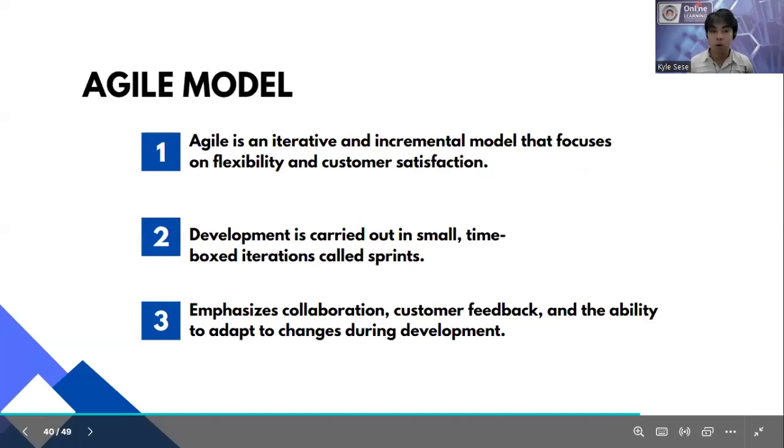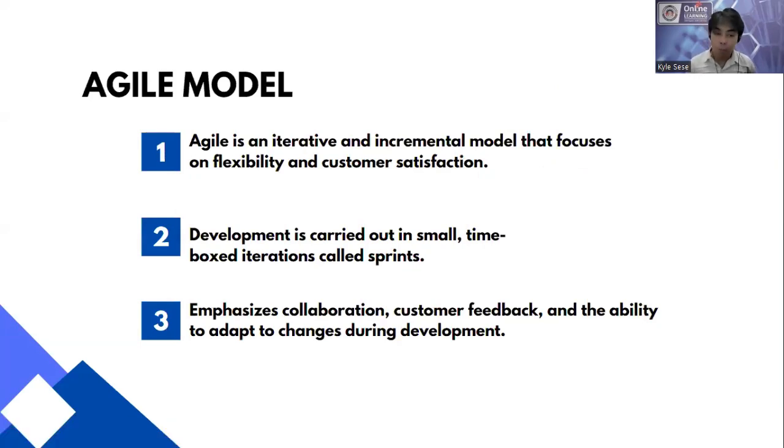Next model is what we call the agile model. Compared to the waterfall model, the agile model is an iterative and incremental model that focuses on flexibility and customer satisfaction. From the words themselves, incremental and iterative, it may repeat and repeat and repeat until the step was developed.